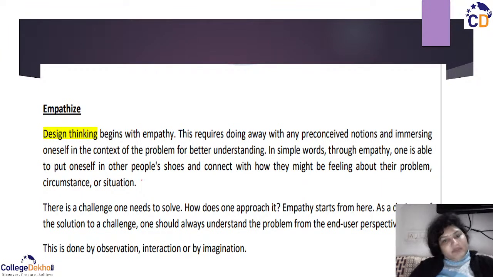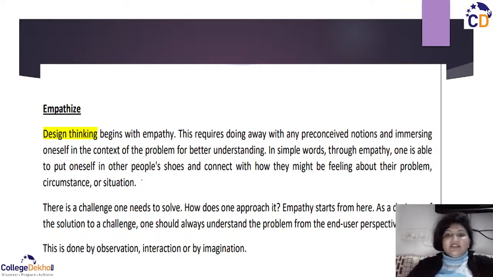So this is the first step: you empathize yourself in someone else's condition and try to understand what feelings and what problem the person is facing. There is a challenge one needs to solve. How does one approach it?